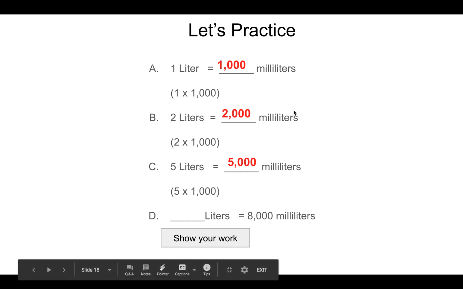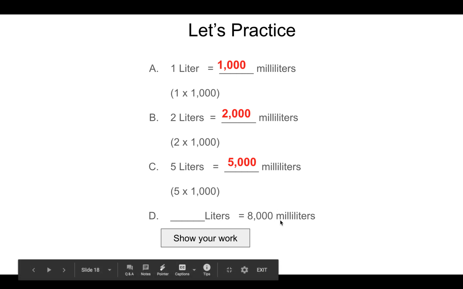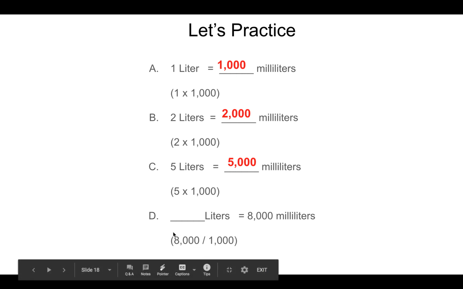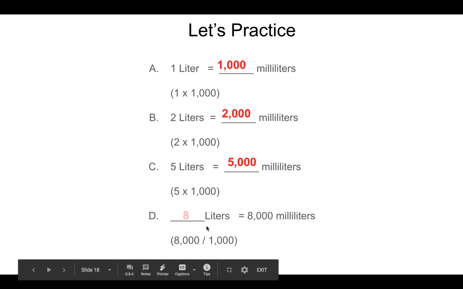So if we've been doing multiplication the entire time, what operation do you think we have to use in order to find out the opposite conversion? If you said division, then you are correct. So 8,000 milliliters divided by 1,000 equals 8 liters.